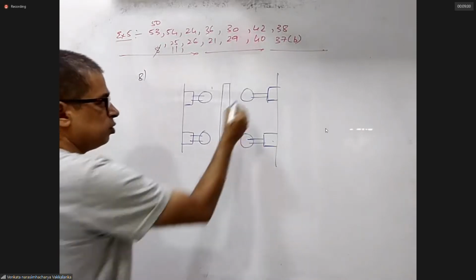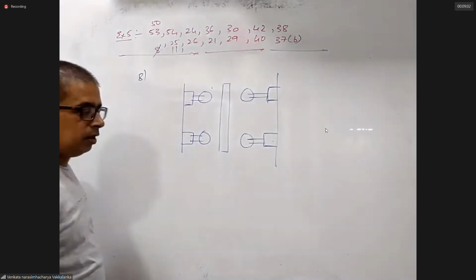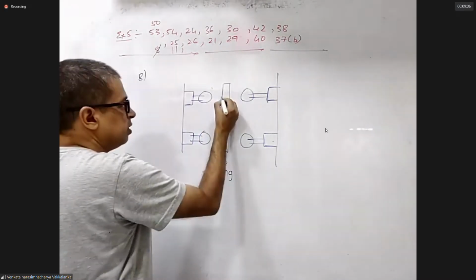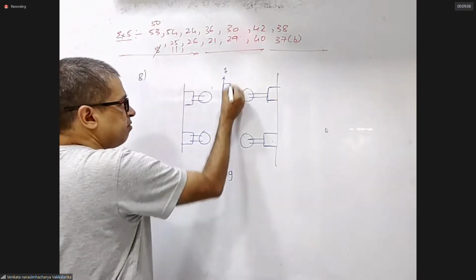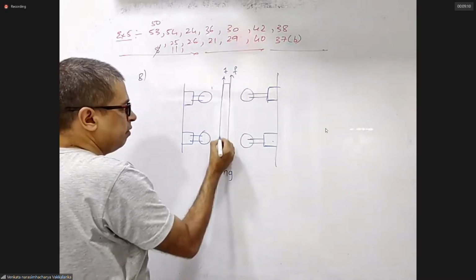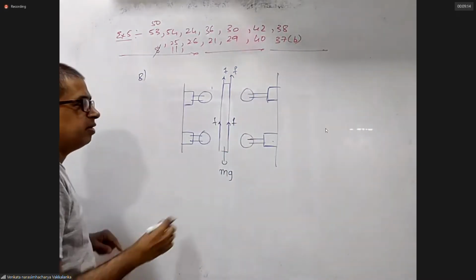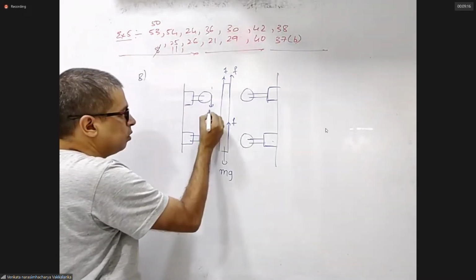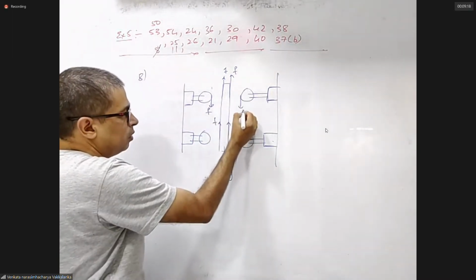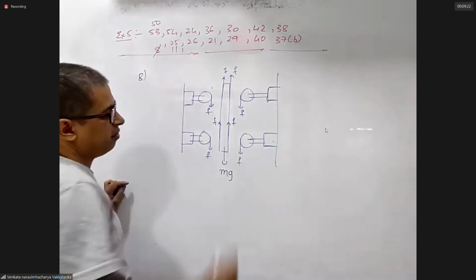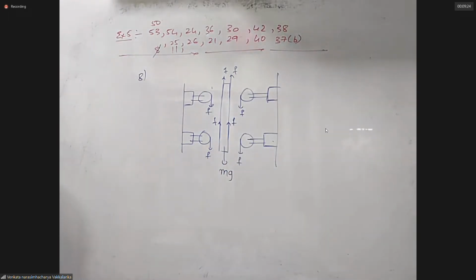I think I assume they are fixed. Now this rod will move downwards, mg. That means friction here will be F, friction here will be F. Reaction of the friction on this will be F, on this will be F. I think this will tell you what to do.